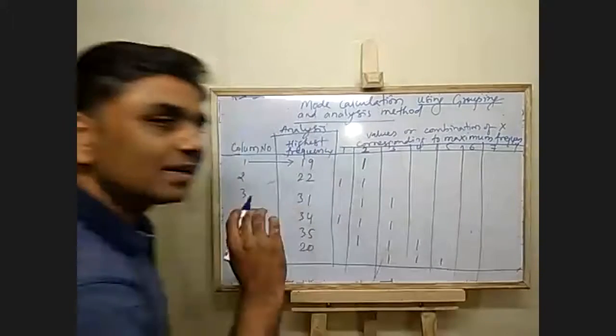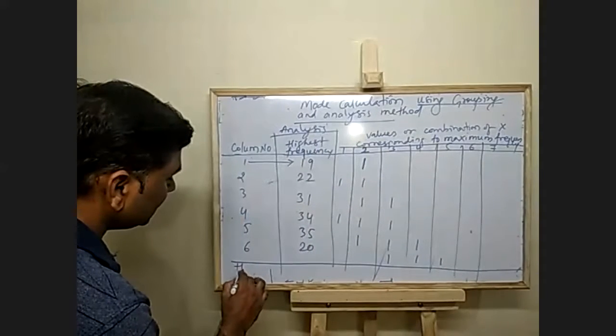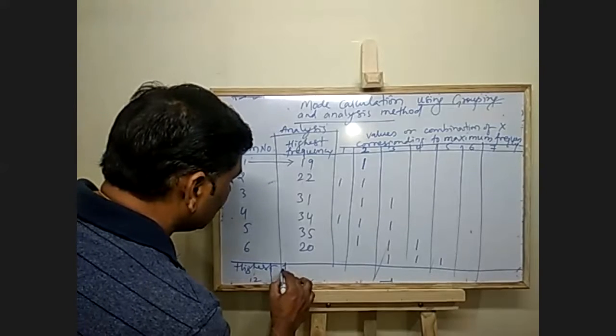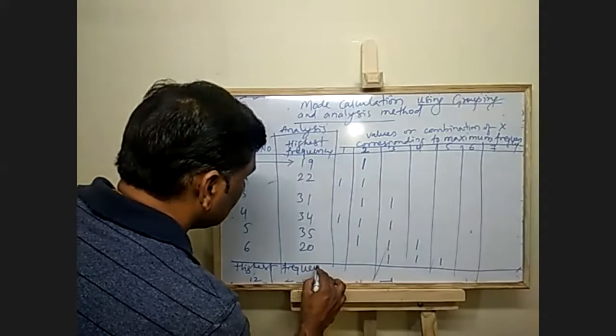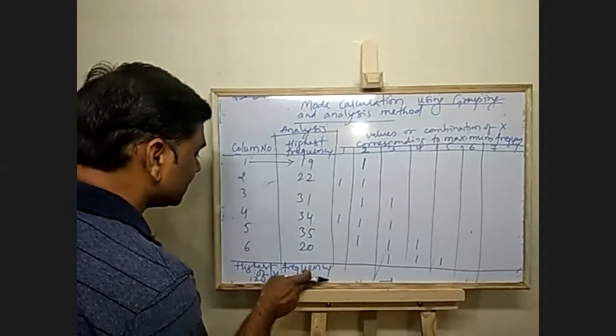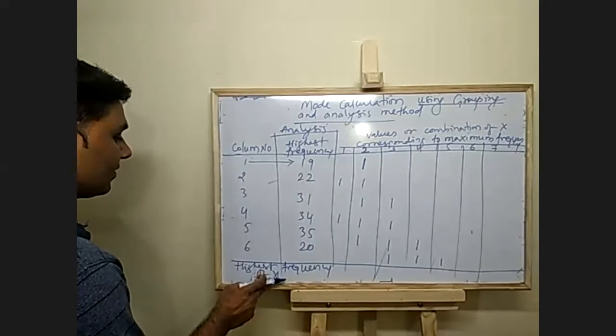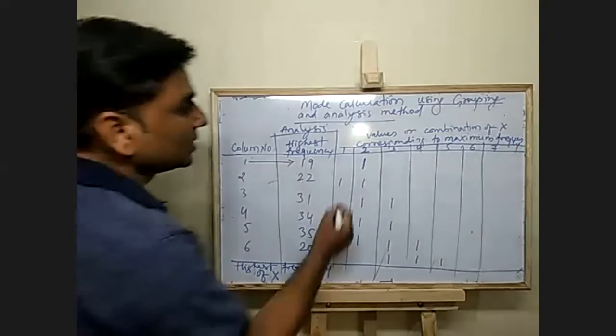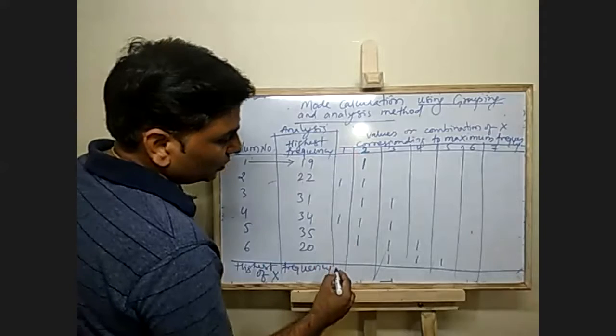Now you just mark the tallies. Highest frequency of x. Okay. Now do the sum. For x1, 2 times it has come.